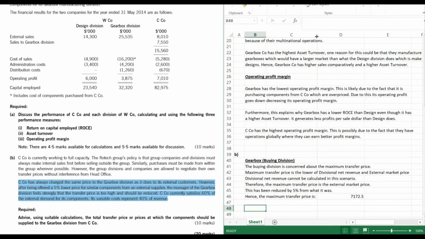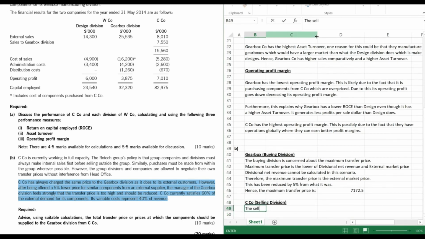Now let's talk about it from the perspective of ACCA. So ACCA, which is the selling division, and they're obviously concerned with the minimum transfer price. The selling division is concerned about the minimum transfer price, right?